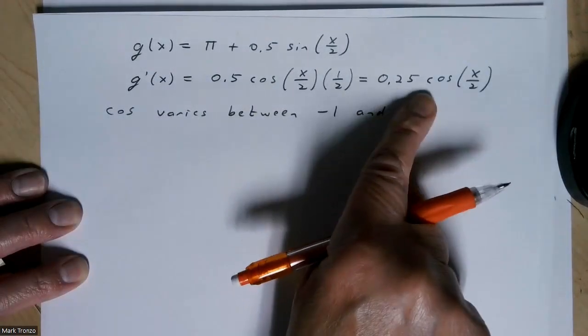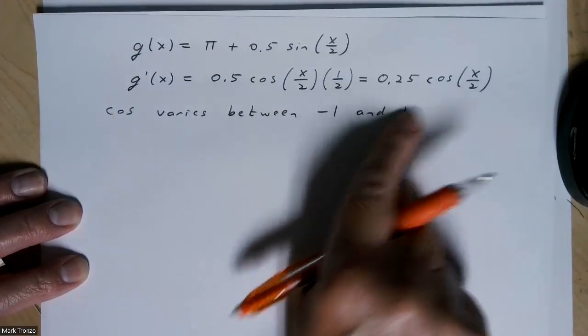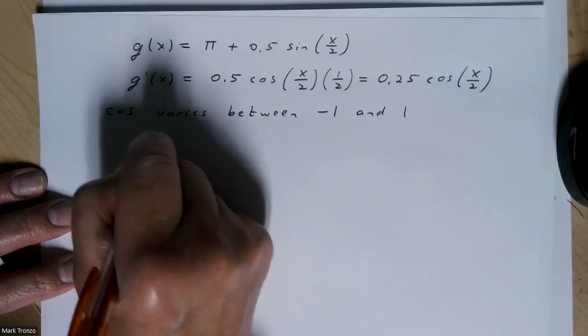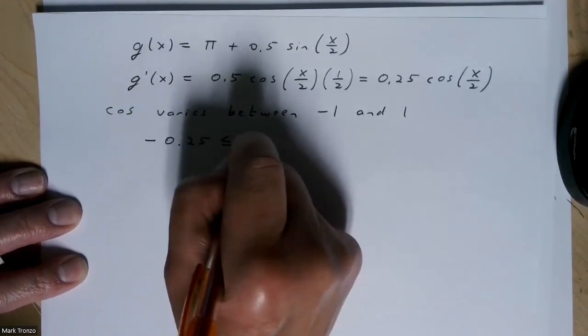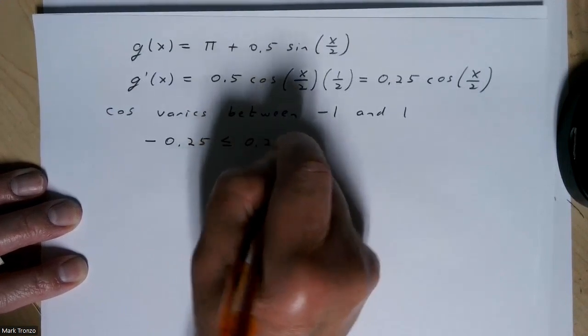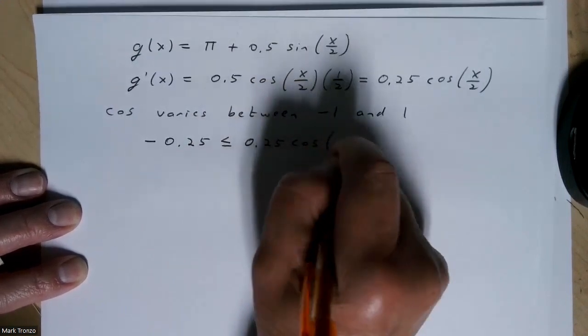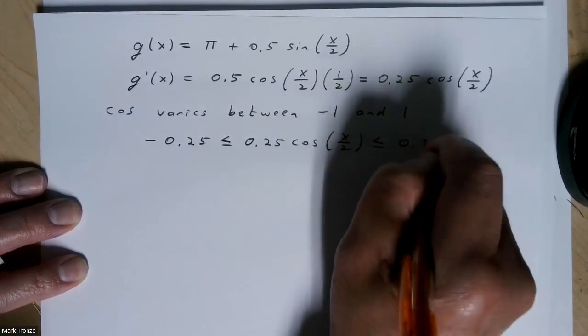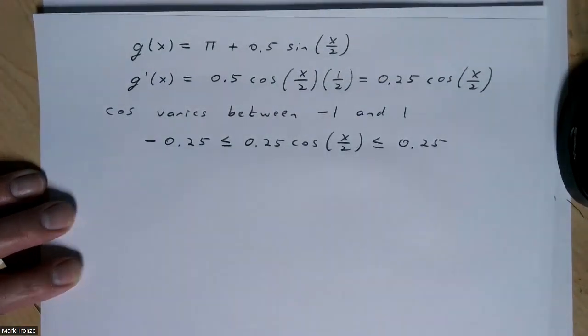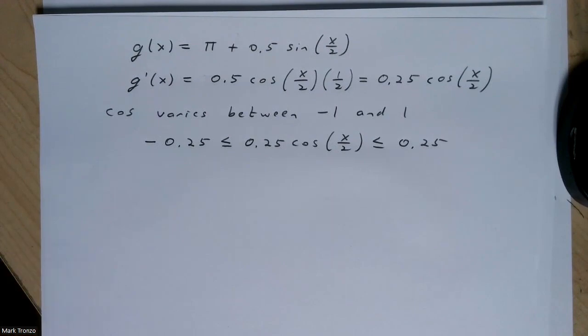Therefore, if we multiply by 0.25, we can say that 0.25 cos of x over 2 has to vary between -0.25 and 0.25.